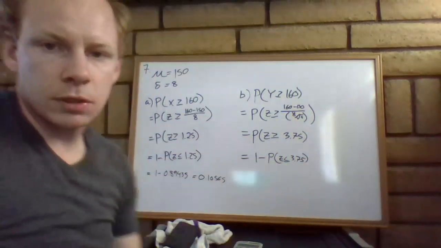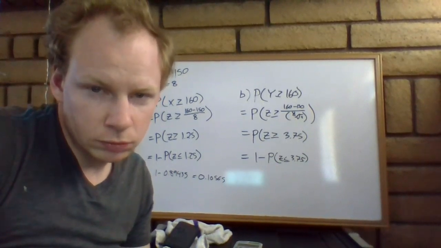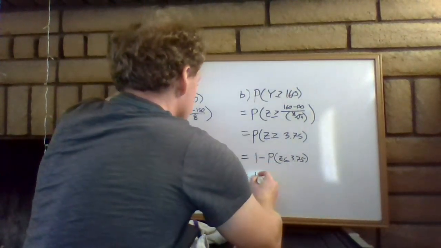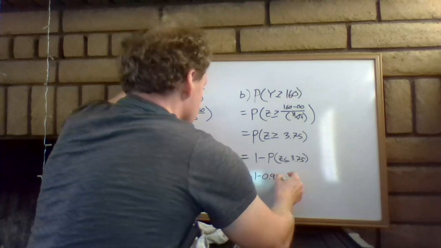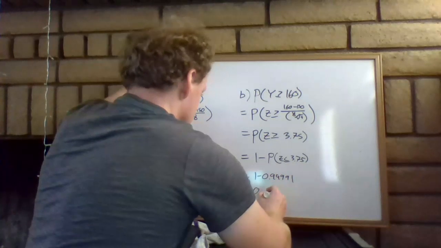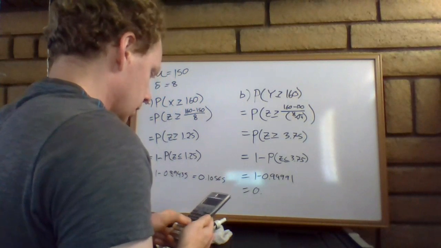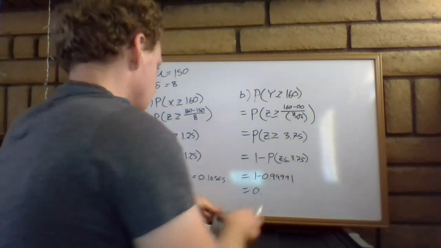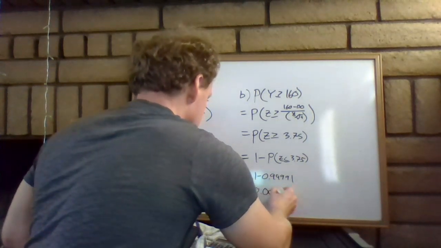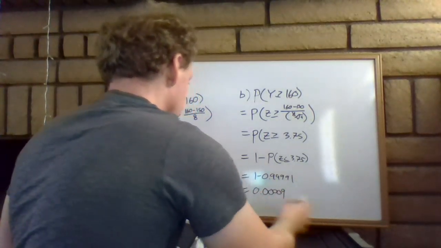And on our table, we can find 3.75 as 0.99991, so 1 minus 0.99991. One, two, three, four. There. Yep. All right.